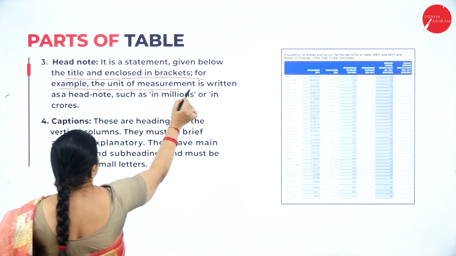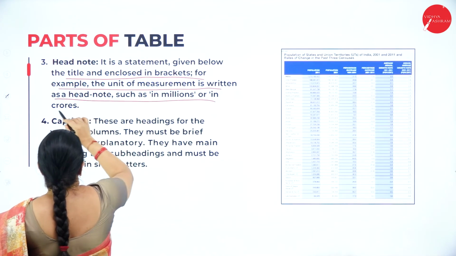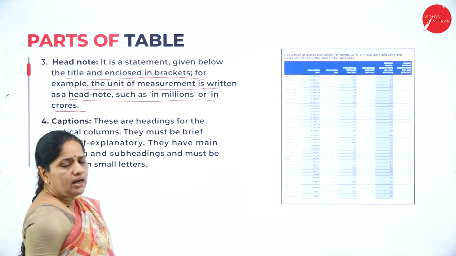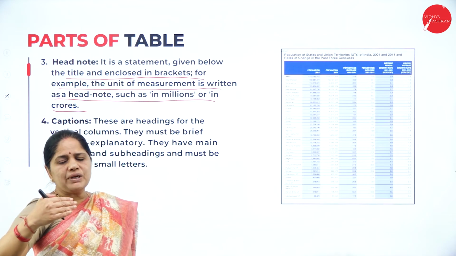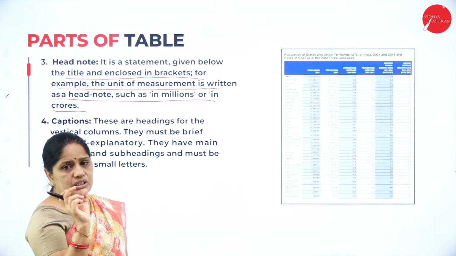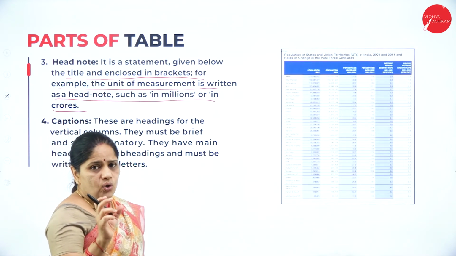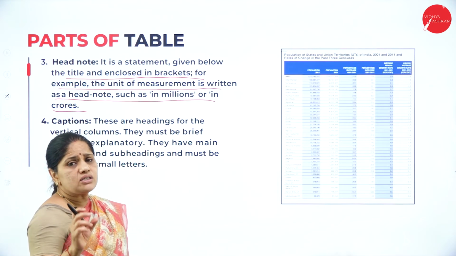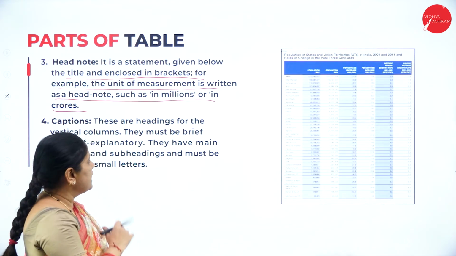For example, the unit of measurement is written as a head note, such as in millions or in crores. Head note is usually just below the title, and there you mention the units, whether you are writing the amount in lakhs, crores or thousands. Whatever it is, you mention the scale of measurement in this head note.